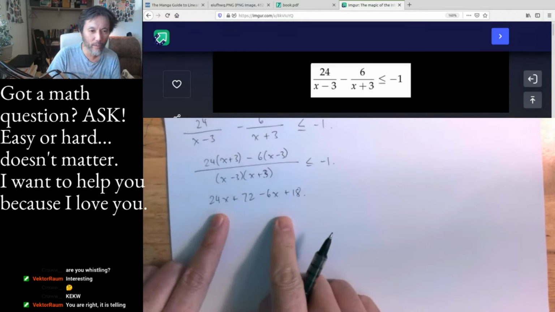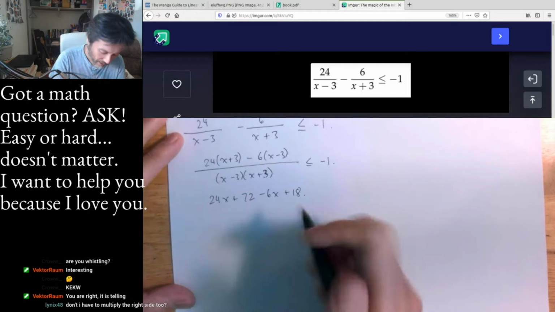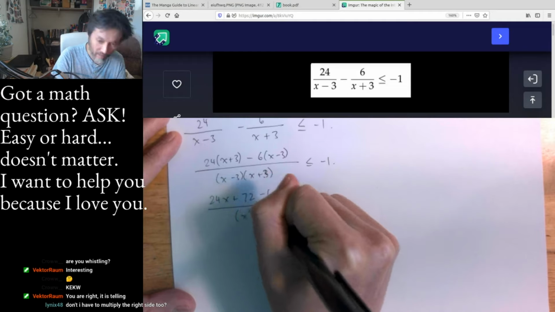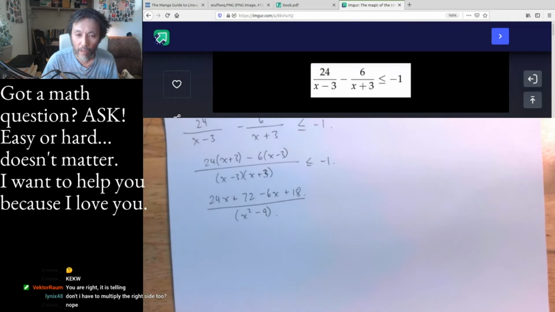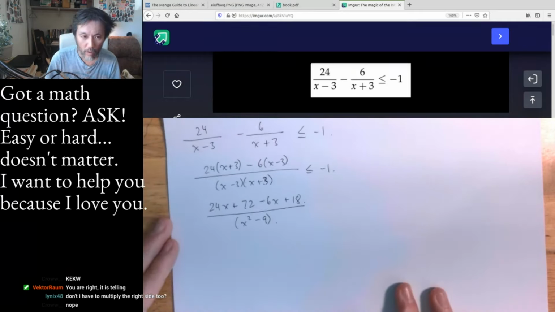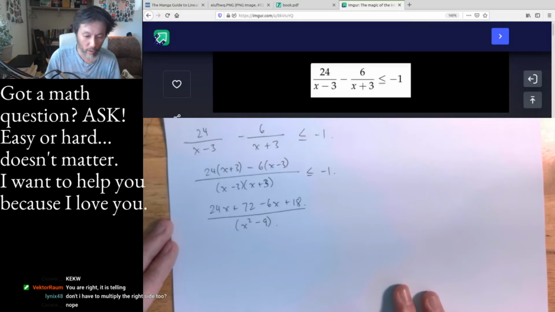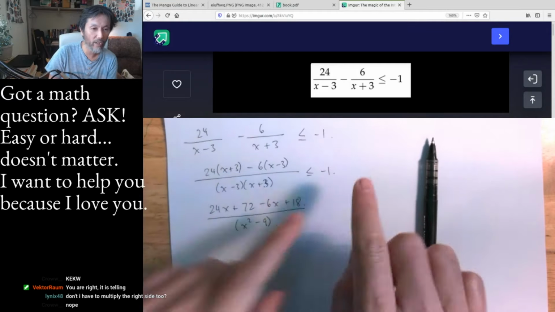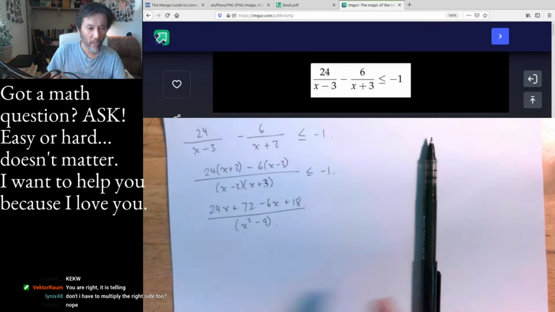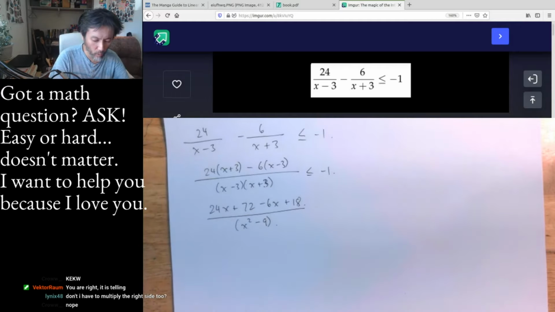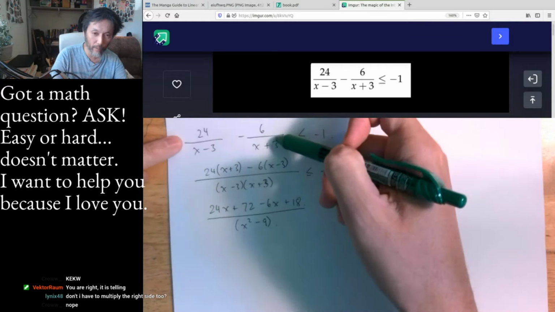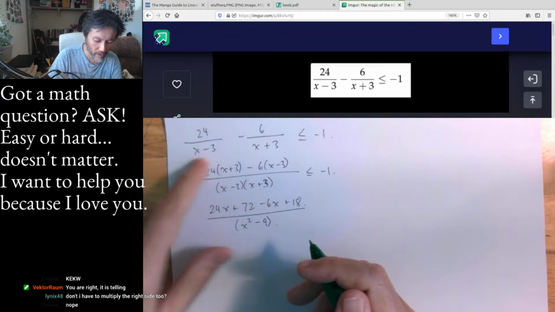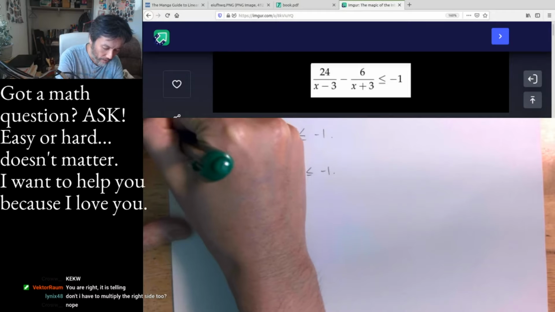Is it clear how I did the algebra there? And then downstairs we have x squared minus 9. Is it clear how I did that? Don't I have to multiply the right side too? So no, right now all we're doing is goofing around with the left-hand side. We're not touching the right-hand side at all. Now, please understand, what I've done in going from this step to this step, just to the left-hand side, is I've multiplied this term right here by a particularly fancy version of 1.